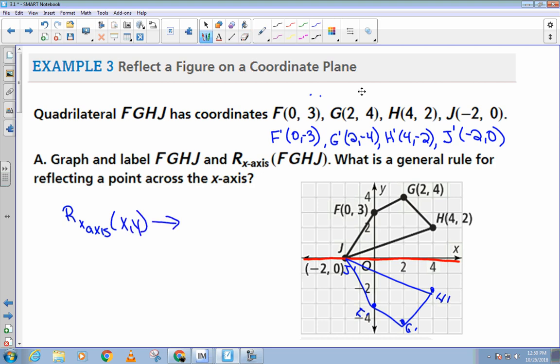Okay, so if we reflect over there, then my x stays the same and my y changes signs. Okay? So if I reflect over the x-axis, I take my original (x, y) and my x stays the same and my y changes. So the opposite letter changes signs. Okay? See what I did there?